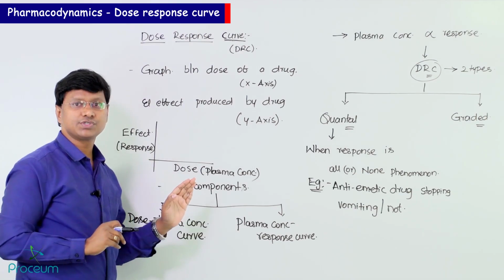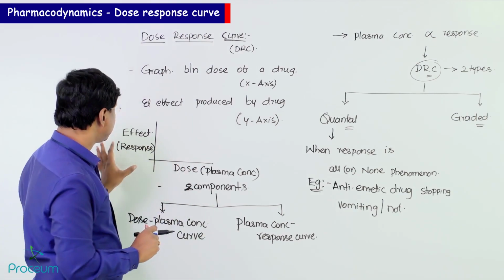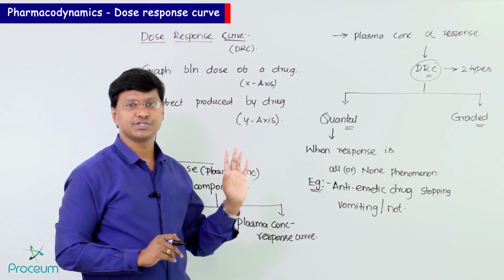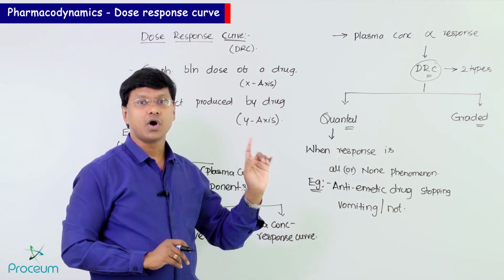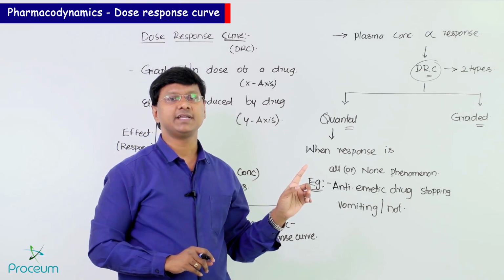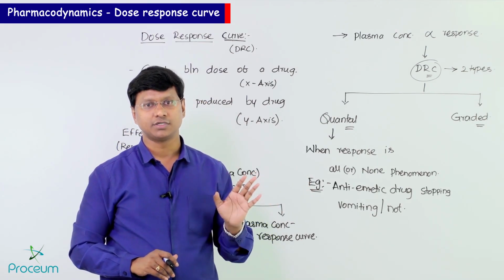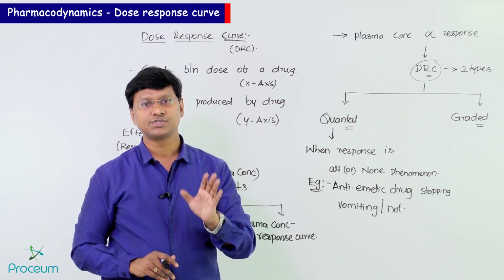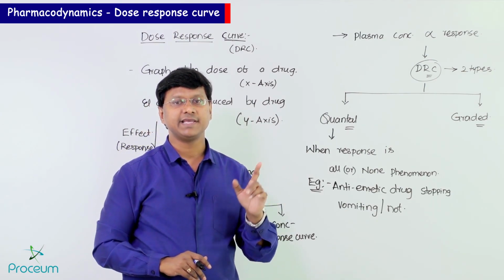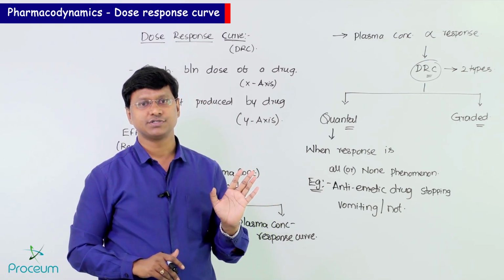Is that clear? So that is the Quantal dose response curve. When the response is an all or none phenomenon, for example, the antiemetic drug stopping the vomiting or not, the y-axis shows the persons responding and the x-axis shows the plasma concentration.